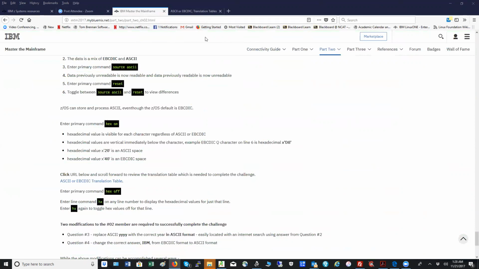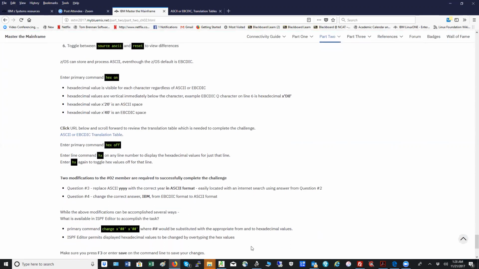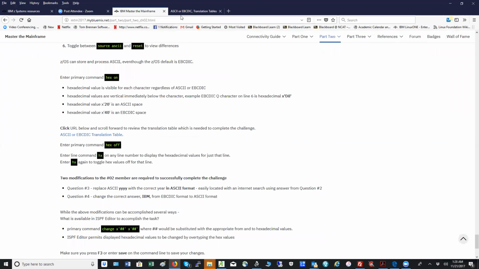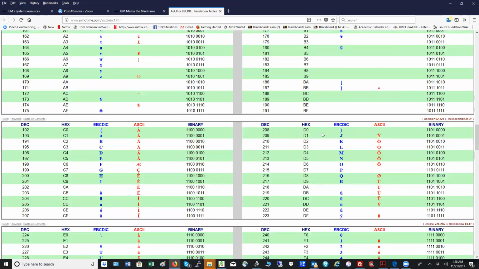So we have to replace those characters, C9, C2, and D4, with the decimal representation, and you put those here. You go to your table and figure out what they are. You can look through the table. And that's it.